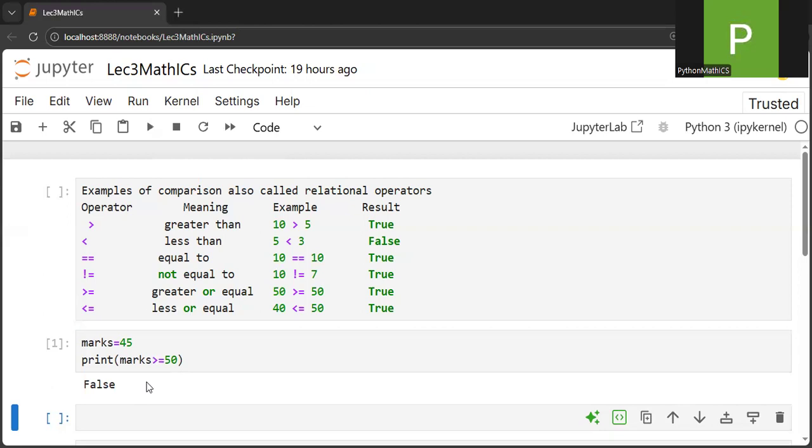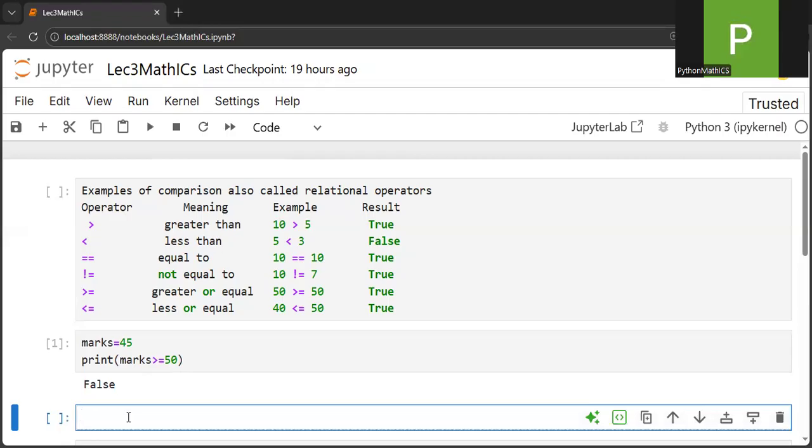So again, let's take another example, that is the speed. Let's say speed is equal to 72, and the speed limit is basically 60. Speed limit is equal to 60.